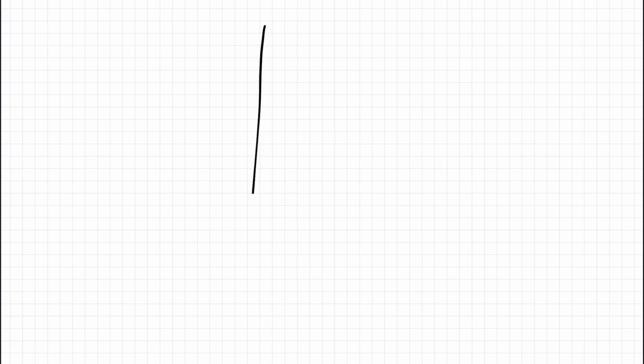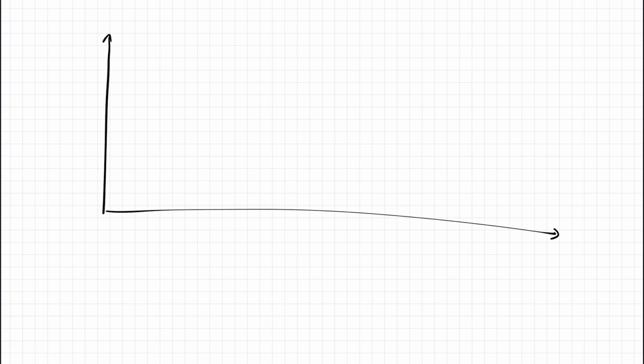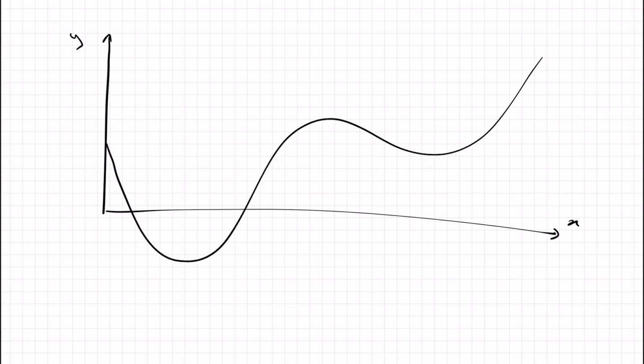So let's say I had a random function f of x, and I'm just going to draw it like this. No, it needs to have a root. Okay, let's do something like this. Alright, here we go.